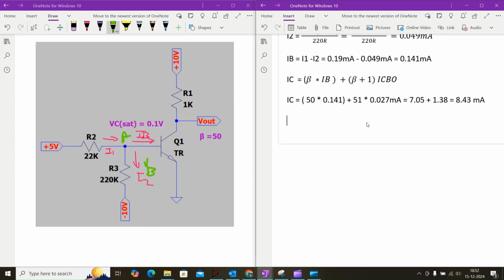Here collector saturation current IC sat is equal to 9.9 milliamps, and collector current IC is equal to 8.43 milliamps. As we see here, the collector current IC is lesser than the collector saturation current IC sat. So that we can conclude that this transistor circuit is operating in the active region.